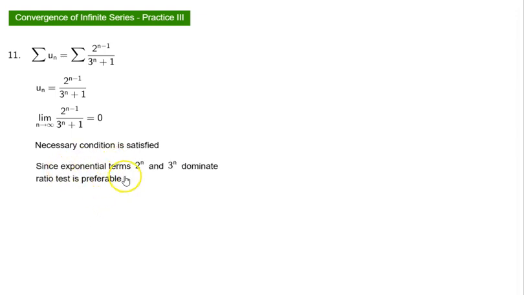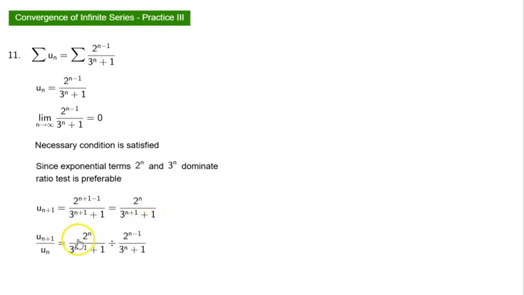Now, since the exponential terms 2^n and 3^n dominate, the ratio test is preferable. So u_{n+1} is equal to (2^{n+1} - 1) / (3^{n+1} + 1), which on simplification becomes 2^n / (3^{n+1} + 1).